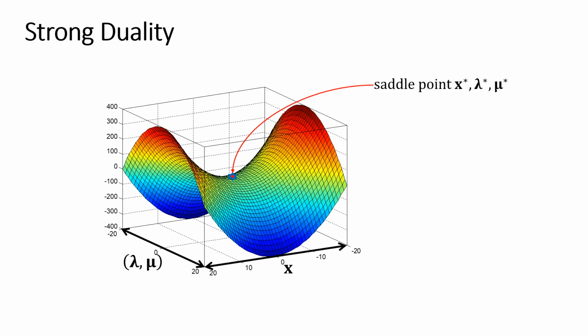And of course, when strong duality holds, then we have a point called the saddle point, x star, lambda star, mu star. That's this point here.